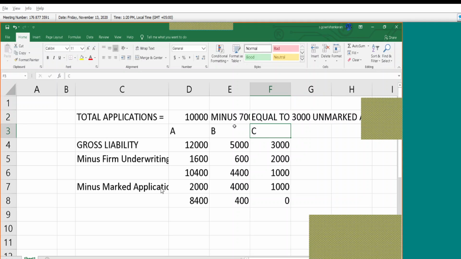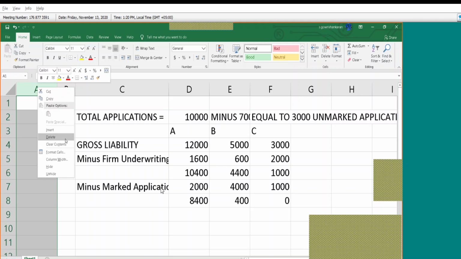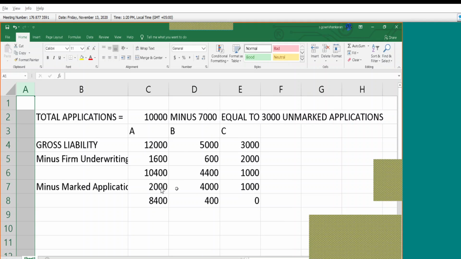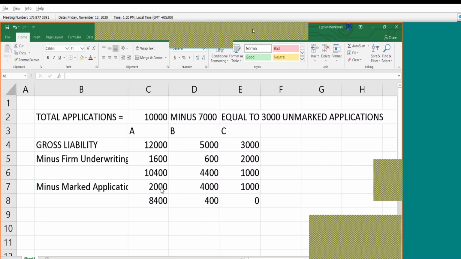What do we have to do with this unmarked application? Hope all of you are present there. Just let me know your doubts.